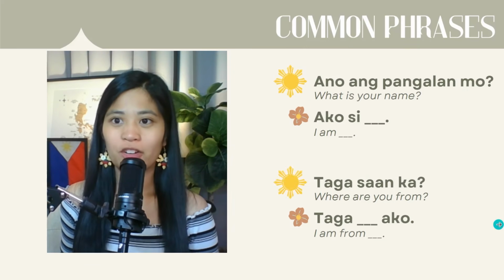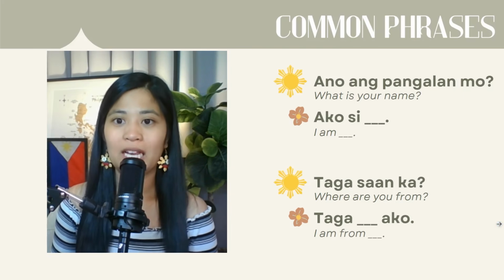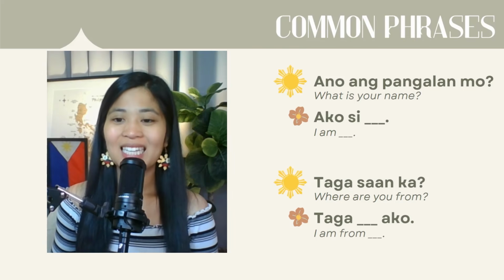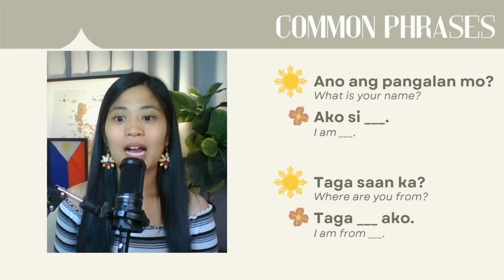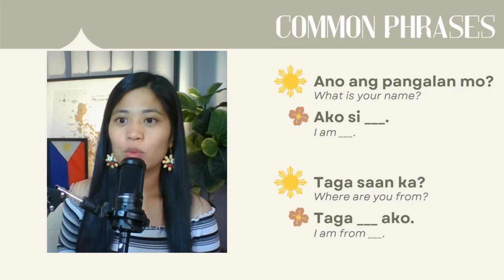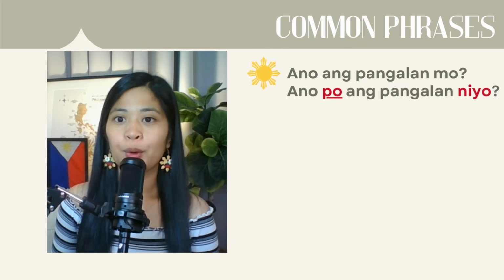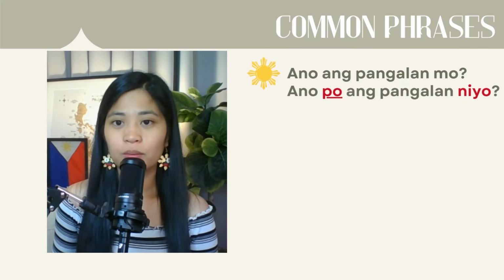Just some more common phrases. Let's review. Ano ang pangalan mo? What is your name? Ako si Pat. I am Pat. Taga saan ka? Where are you from? Taga Manila ako. I am from Manila. Now let's see where po would go in these phrases. Ano ang pangalan mo becomes ano po ang pangalan nyo?